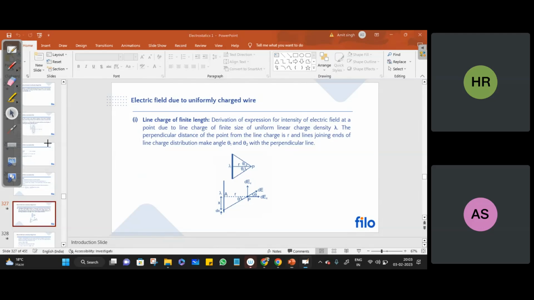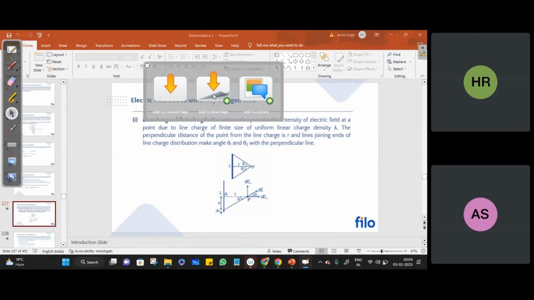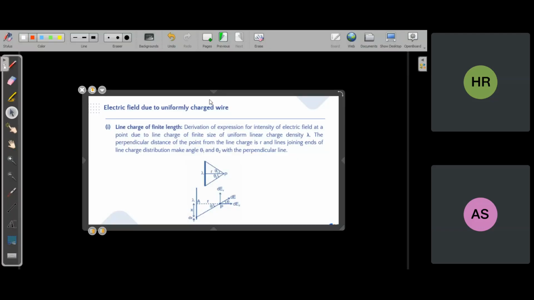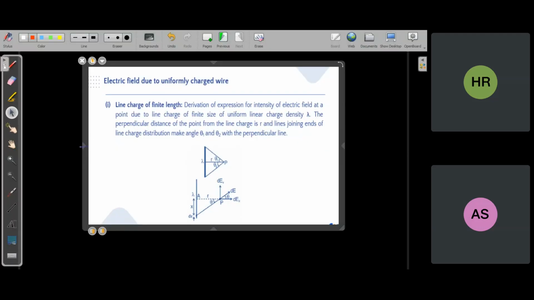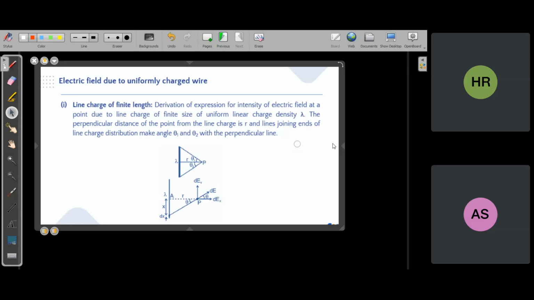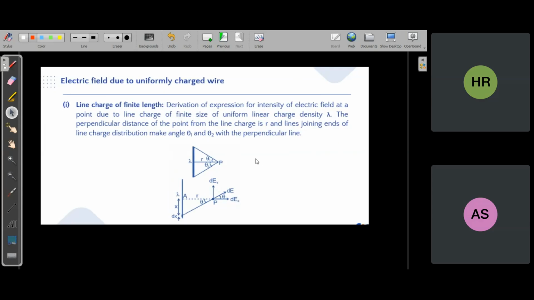So these are different derivations that are there. Electric field due to a uniformly charged wire. So now there is a charged wire, a very long one or maybe finite also. Here, first case, they have taken a finite length wire, and at a point you have to find the electric field. Again, same idea.